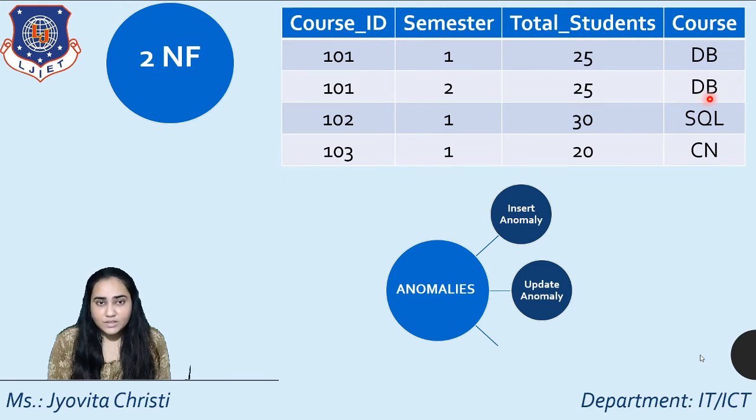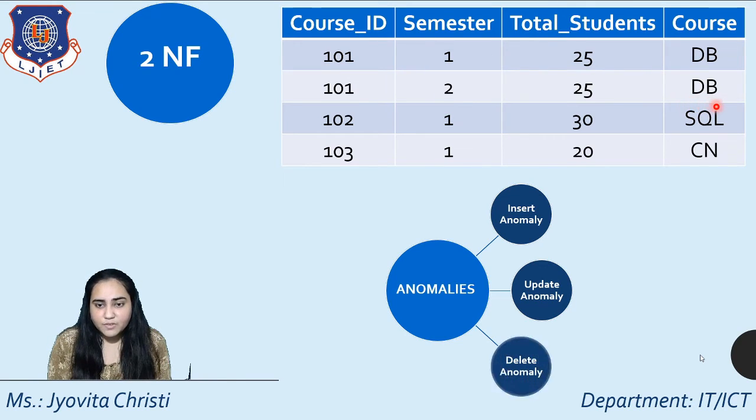And in a real world scenario where you have so many rows, you would have to make that same change several times, not just twice. So this is the update anomaly. If you want to change something in the table, then because of the redundancies, you have to do that change several times in the table.